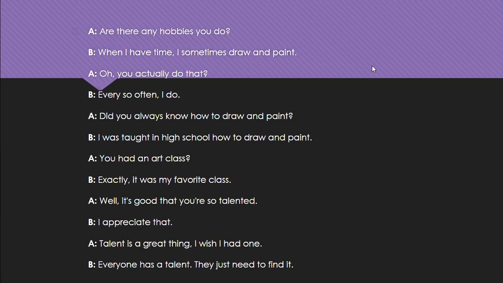Okay, so in this conversation, there are some words that we need to identify because they have a very specific, special pronunciation. So let's put a check mark on those words. The first one, this one, actually. That would be the correct pronunciation.